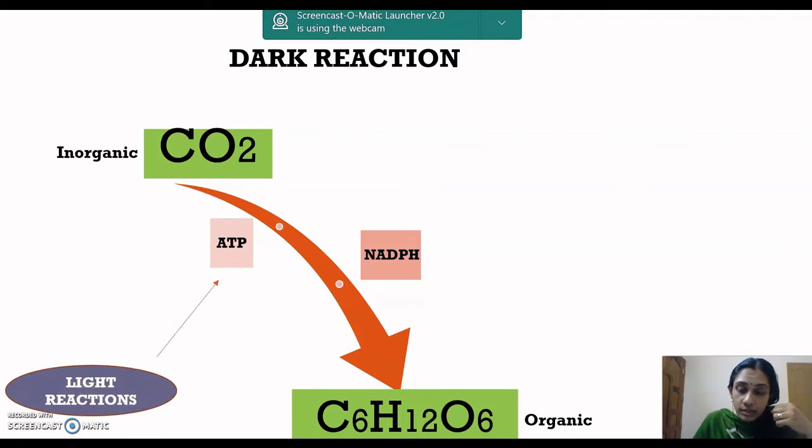Light reaction produces ATP and NADPH through its photochemical reaction, and so using the products of light reaction, that is the assimilatory powers produced during light reaction, that is ATP and NADPH, this process of dark reaction takes place. So ATP and NADPH produced in light reaction act as the fuels for this dark reaction.